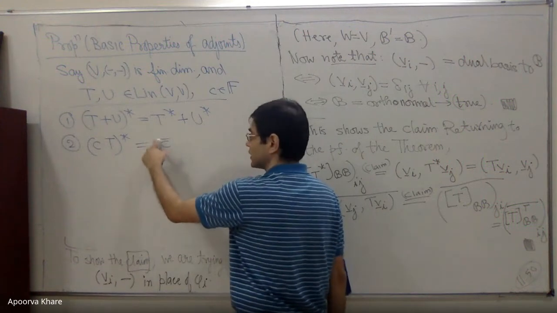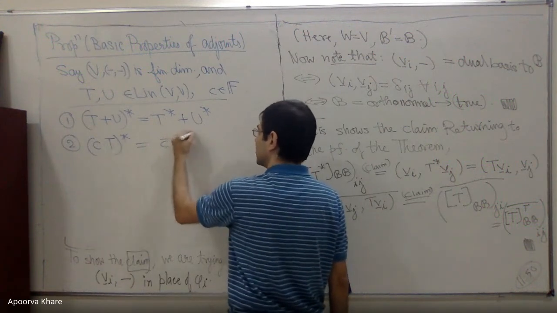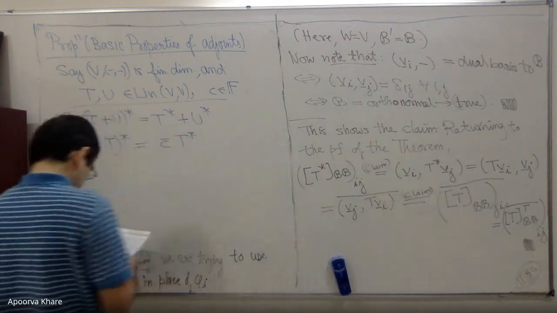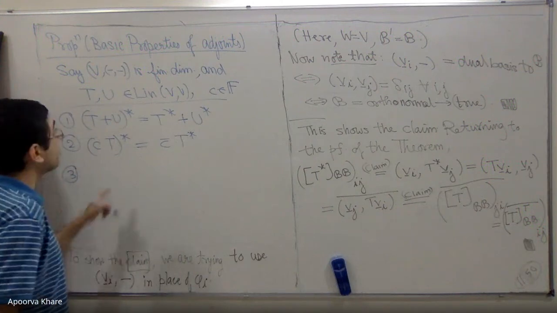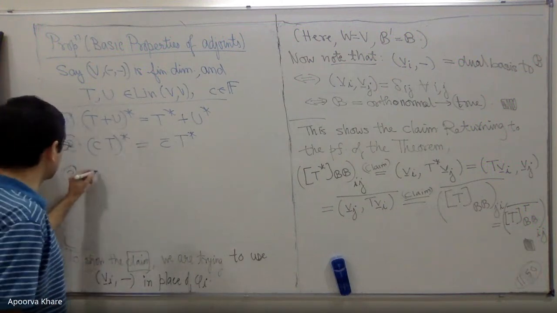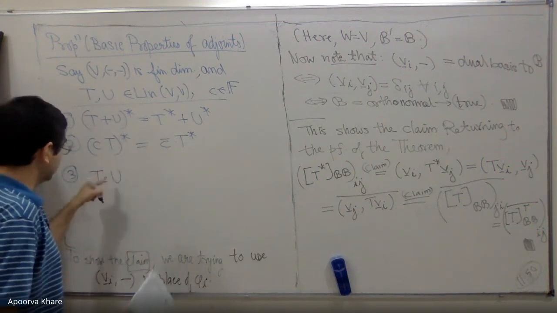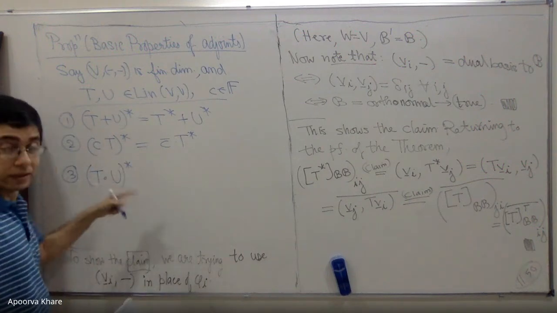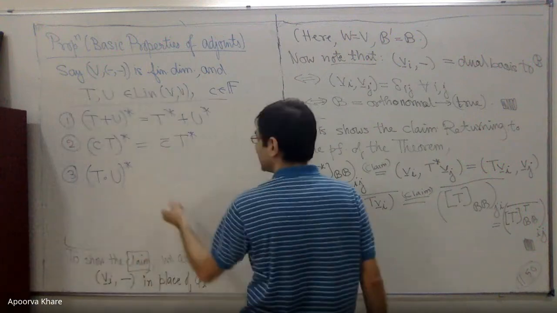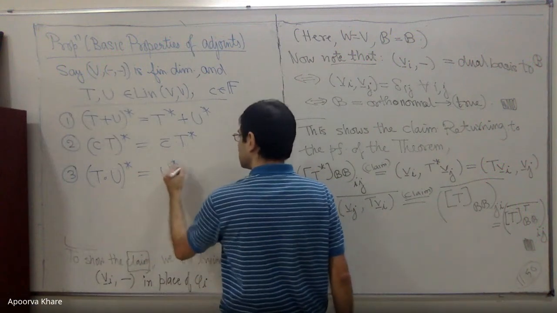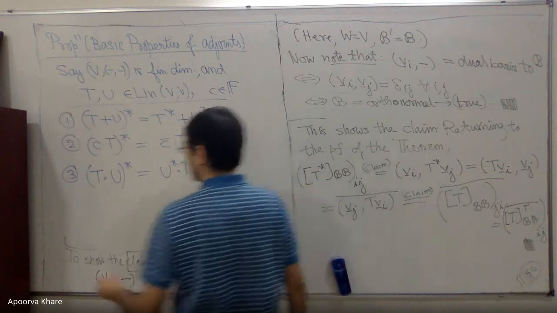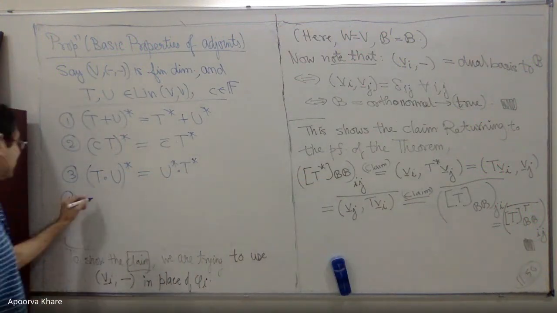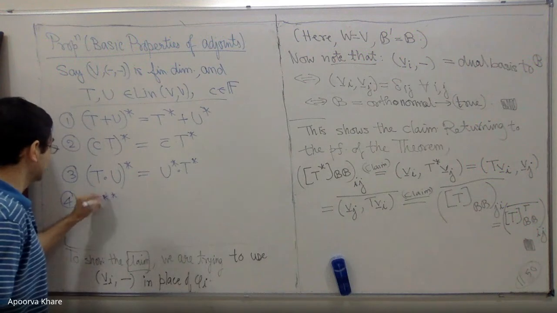You take the conjugate transpose, so the scalar also conjugates. What else? You can also compose, because these two maps are there. I can take first U and then apply T. It is written in this order, but that means first U is applied, then T is applied to a vector, and that is exactly the same as U star composed with T star. So just basic properties, right? And the last one is of course T star star equals T.